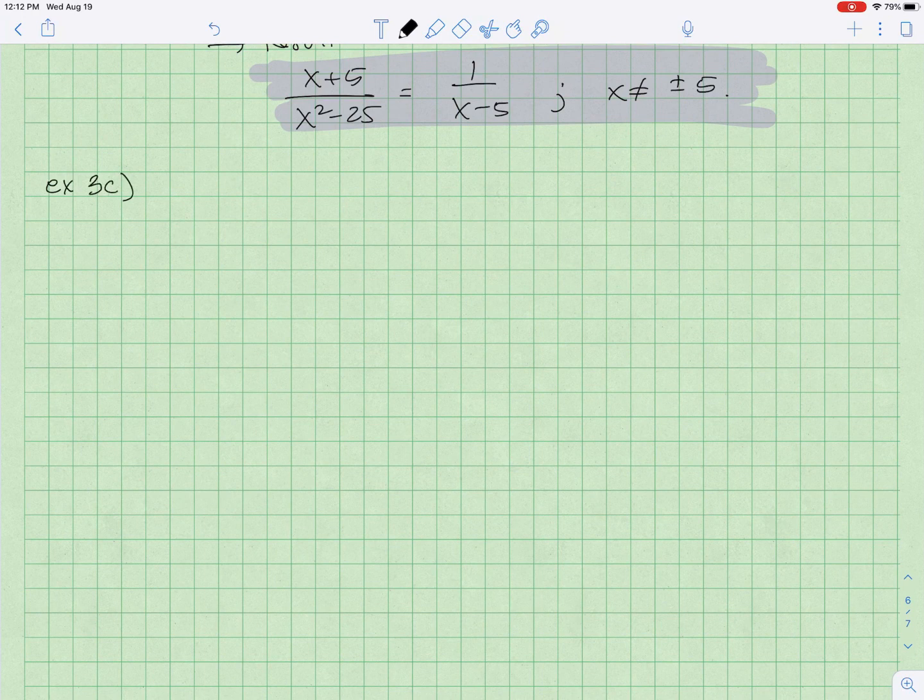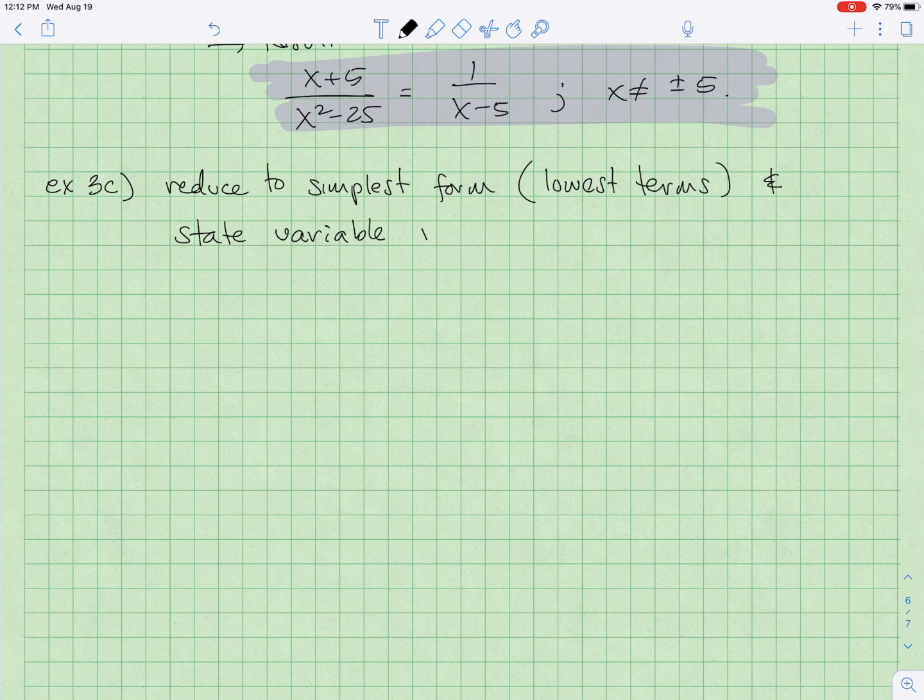Example 3C. Reduce to simplest form. Sometimes simplest form is called lowest terms as well. And state variable restrictions.